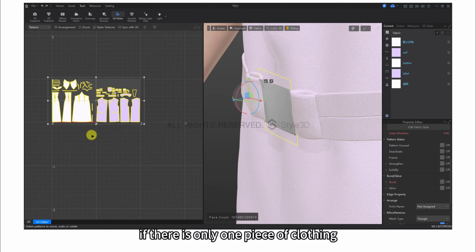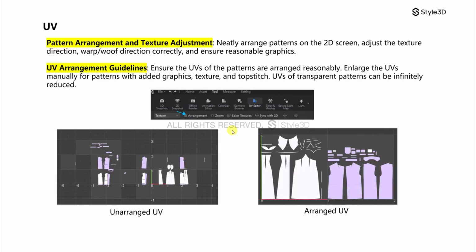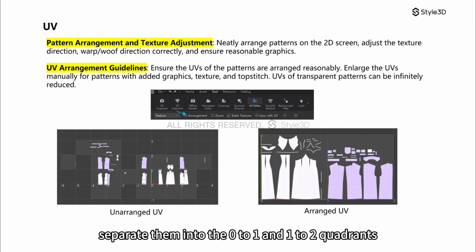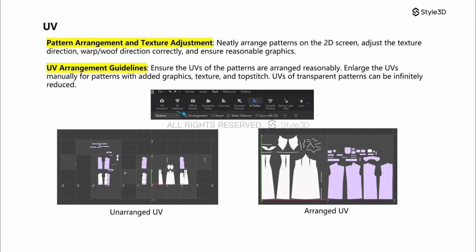If there is only one piece of clothing, arrange the pattern UVs within the 0 to 1 quadrant. If there are two pieces of clothing, such as top and bottom, separate them into the 0 to 1 and 1 to 2 quadrants. The arranged UVs are shown in the image below.